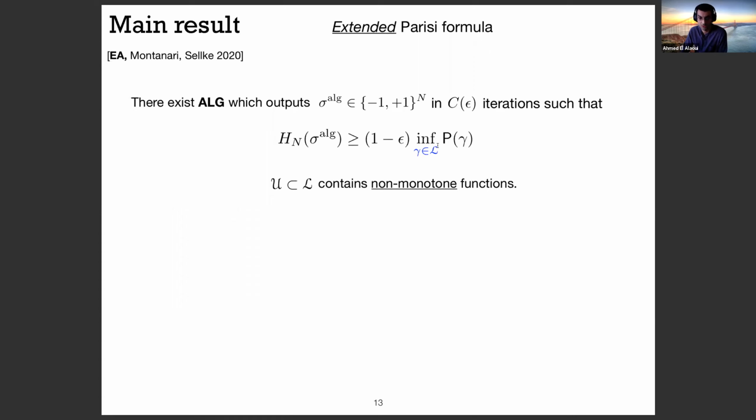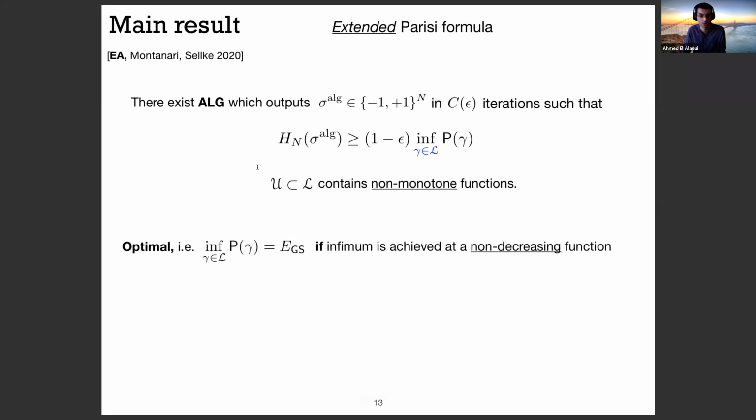But here we're optimizing over a slightly larger space L instead of optimizing over the space of monotone functions U, which would give the ground state energy. This space L contains non-monotone functions, so they don't all have to be non-decreasing. There is a 1 over n that should show up here for normalization.